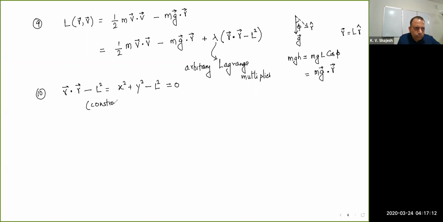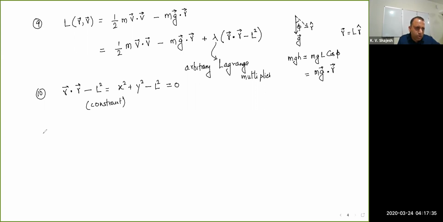So what have I done? We started with the old Lagrangian, but now added a so-called innocent looking term, added a 0 basically with an arbitrary Lagrange multiplier to it. It should be all okay.